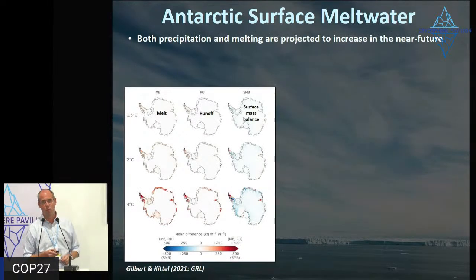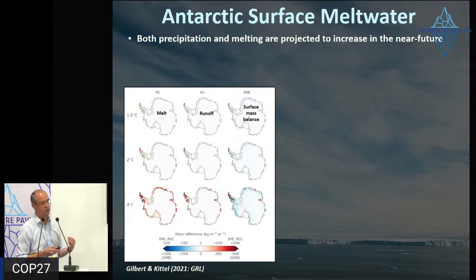This is some more predictions of what might happen in Antarctica. The top row there is showing you the meltwater runoff, and then the surface mass balance, the balance between the mass input and the mass output. The top row is 1.5 degrees of warming, the second row is 2 degrees of warming, and the third is 4 degrees of warming.